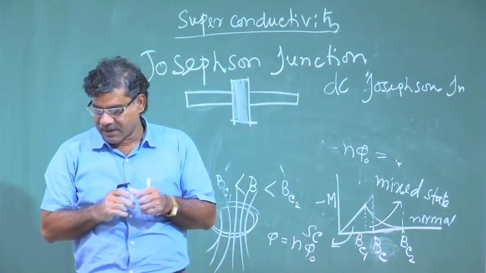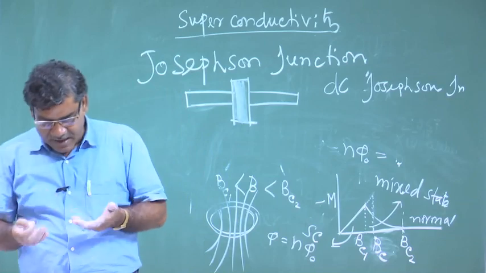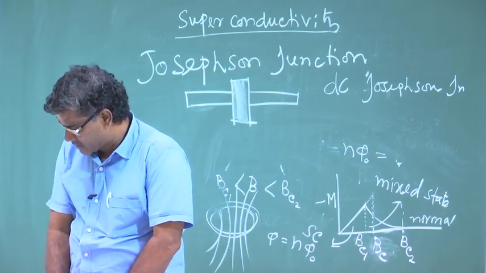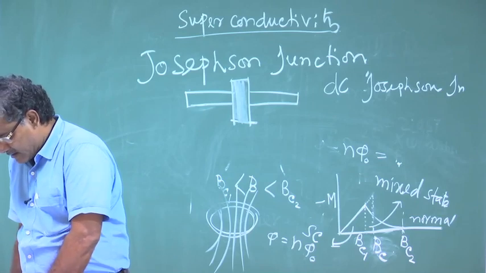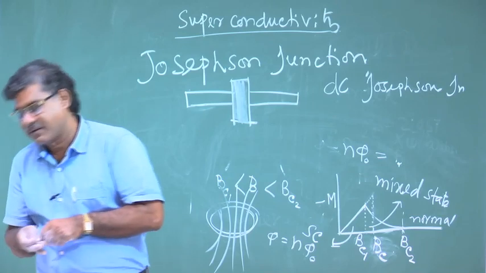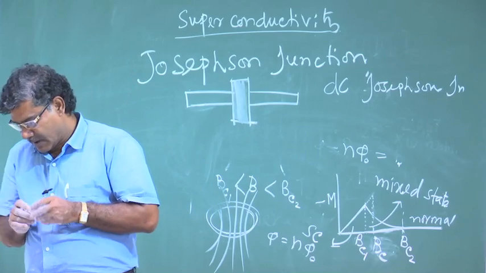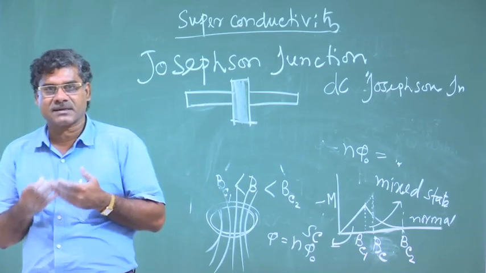So, without applying any voltage, if we get current through the junction, then it is called the DC Josephson junction.